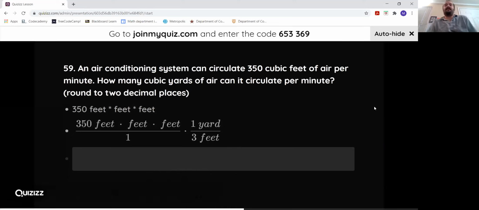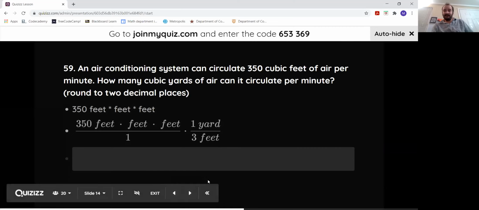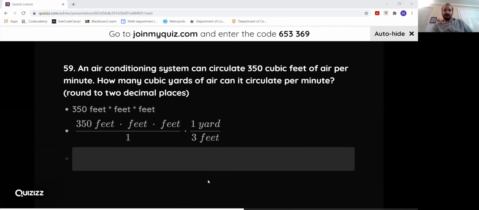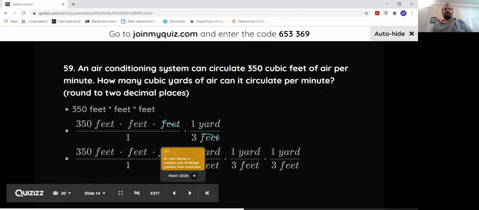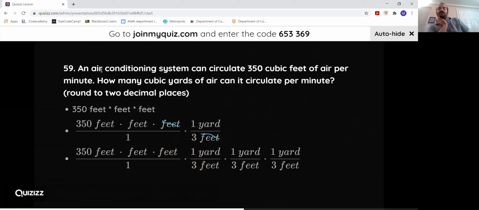We're just multiplying by a conversion, basically multiplying by 1. But if we do this, we have 1 foot here that gets rid of 1 foot there. You still have something in square feet times a yard. That is not cubic yards. So we still need to get rid of 2 more. That's why we have to do this.